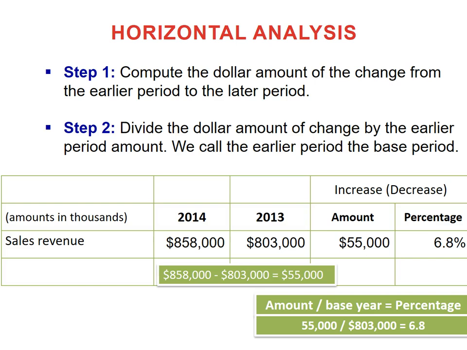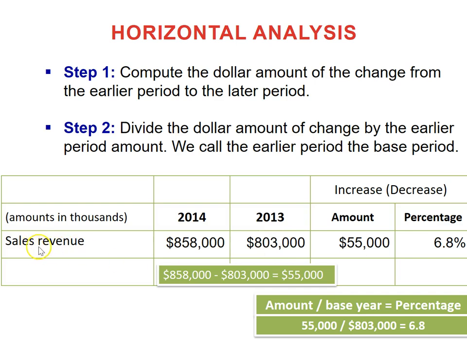Now let's see, what do you mean by horizontal analysis? For horizontal analysis, you are actually comparing your performance from period to period. That means if you consider one base period, a specific earlier period, then you can compare your performance with the earlier period's amounts.